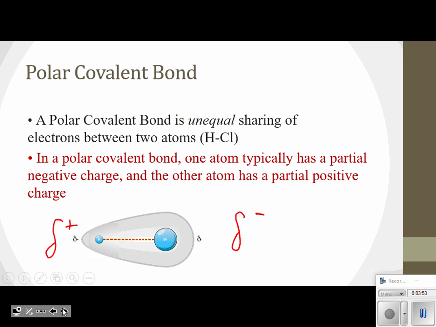Okay, the partial negative, the partial positive. So if this were the bond between hydrogen and chlorine, here would be the chlorine, here would be the hydrogen. The chlorine would be pulling those electrons closer to its nucleus based on the difference in the electronegativity.